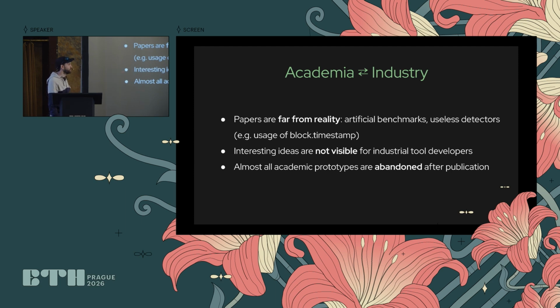They have artificial benchmarks that don't have any useful purpose. They have useless detectors, like a lot of papers used to have a detector on the use of block.timestamp. That means that if your contract depends on the timestamp of the block, it's a bug. And that's not always the case.